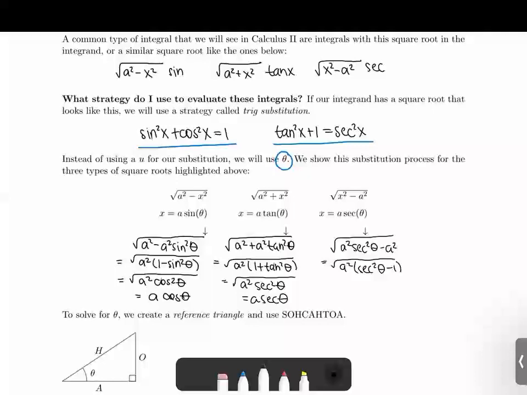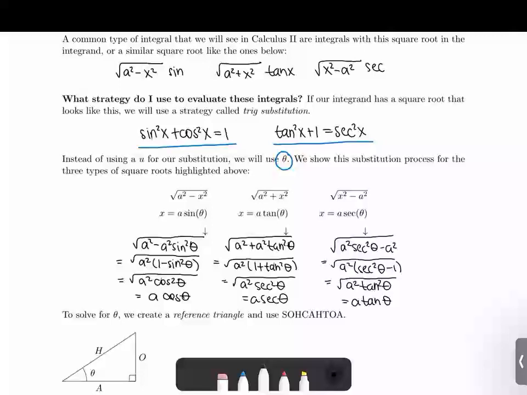And we look back at our Pythagorean identity, and if we subtract 1 from both sides, then that means that secant squared minus 1 is equal to tangent squared. And now, because everything inside our square root is a square, we can take the square root and get a tangent theta. So we can see that each of these lets us rewrite our square root without the square root.